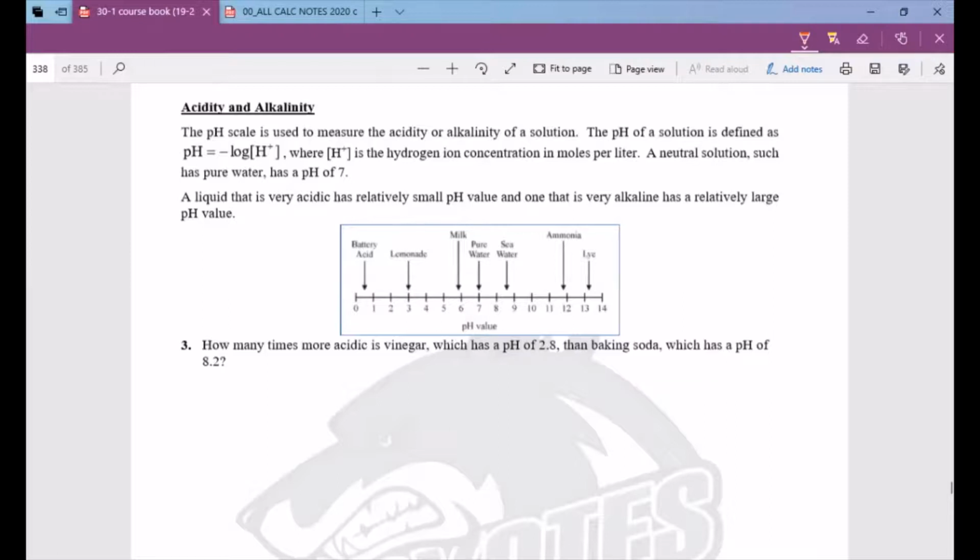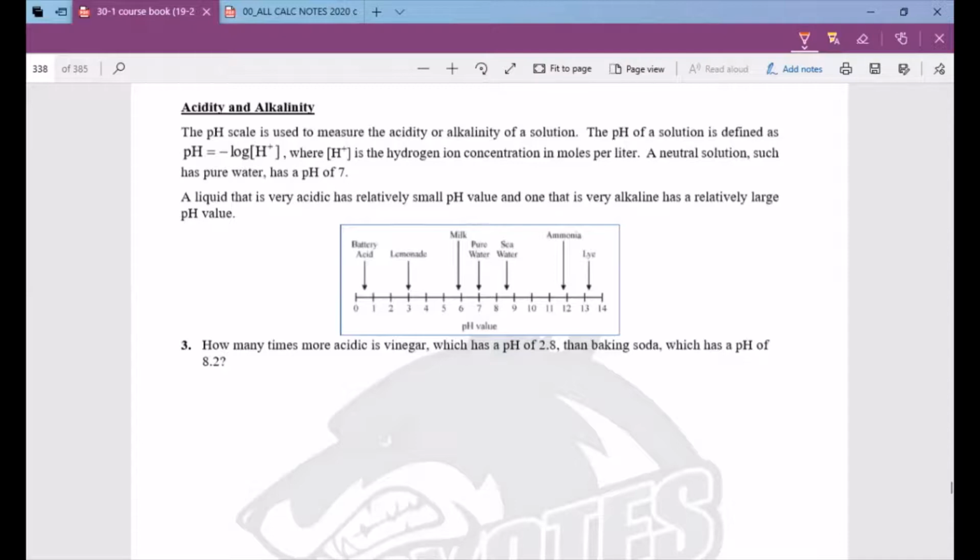We say that pure water is neutral, and so that's a score of 7. We can think of them as a score because it's just kind of this arbitrary measurement. Well, I suppose it's not arbitrary. What it is measuring is hydrogen ion concentration in this solution, measuring it in moles per liter.